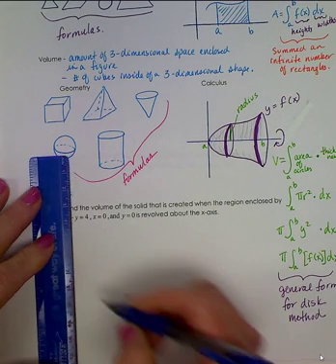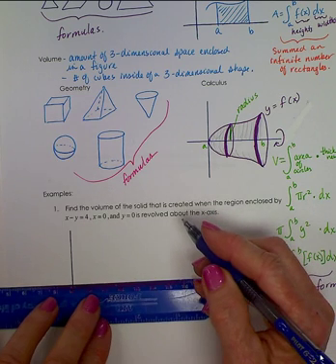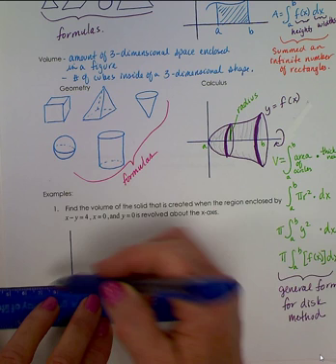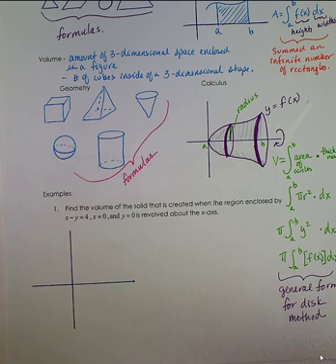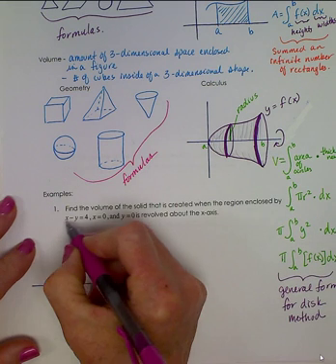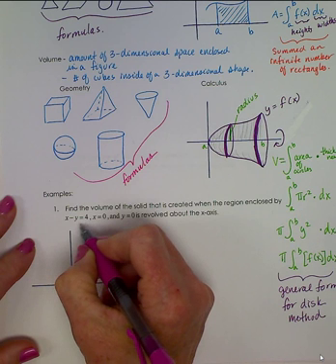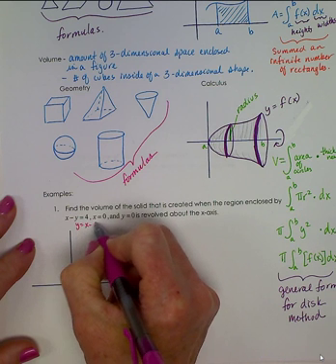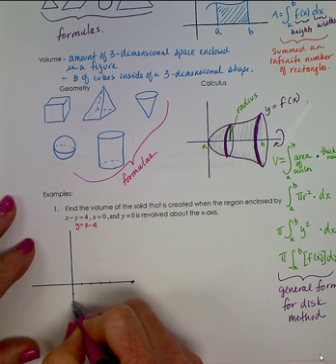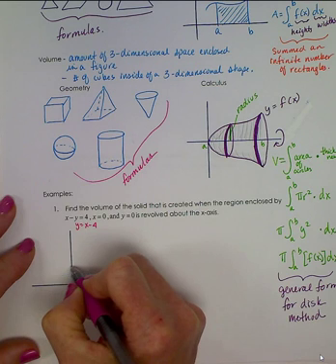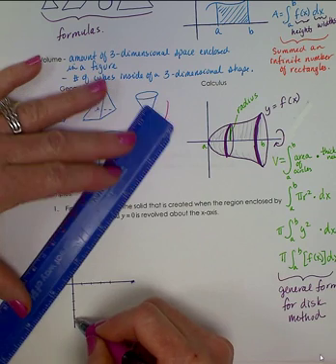So use color pencils. Grab some color pencils. It's going to help. Promise. All right, this equation, x minus y equals 4. If I solve for y, it's going to be y equals x minus 4. Slope 1.